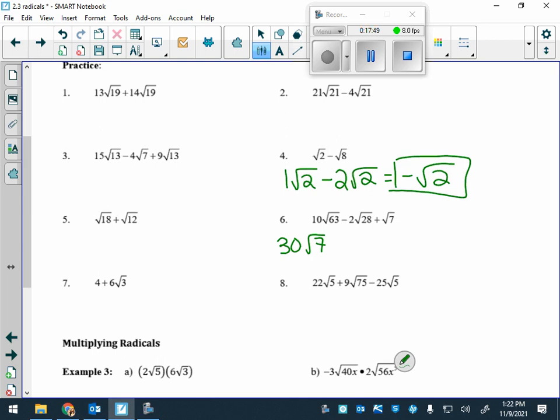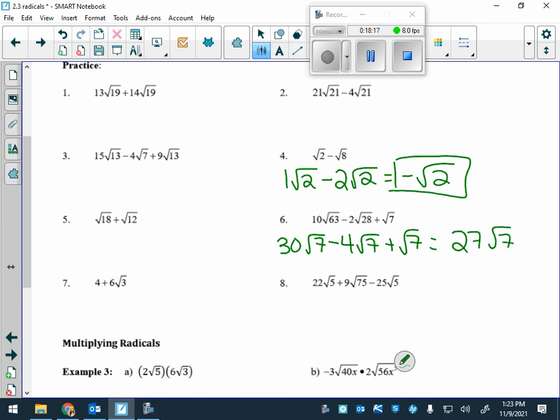I think it's 7 and 4. Okay, what's the square root of 4? Square root of 4 is 2, times negative 2, is negative 4. Okay, so I have negative 4 root 7, and then plus root 7. So 30 minus 4 is 26. Plus 1, 27. And that's how you get the 27 root 7.